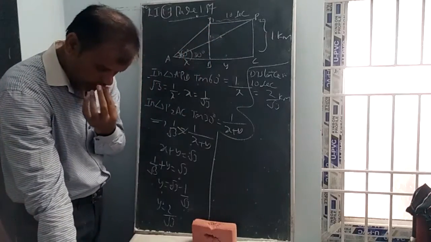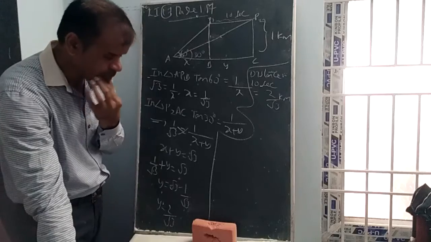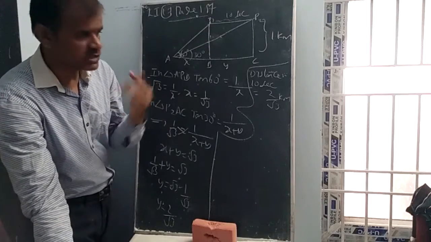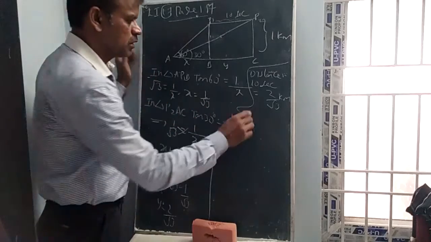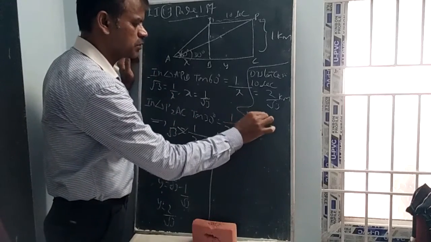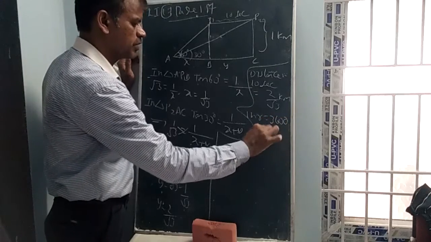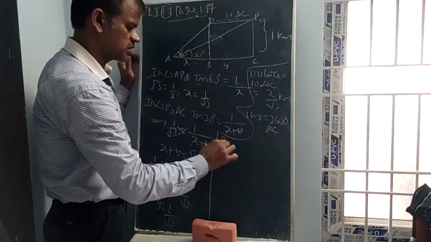So now we should change the seconds into hours in the formula speed equals distance by time. Let us write 1 hour is equal to 3600 seconds.